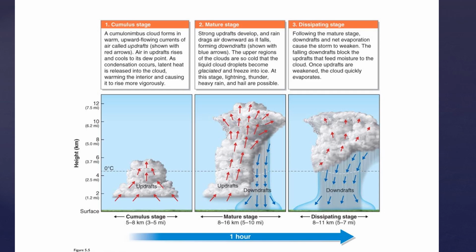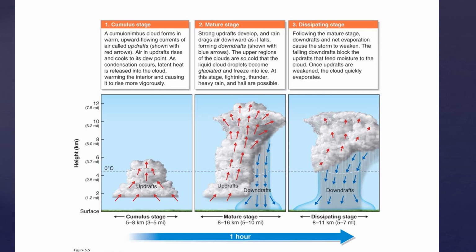In the second stage, the mature stage, those updrafts from the surface continue, and they continue to build up the cloud. They strengthen, eventually reach a peak. Meanwhile, as the vapor has formed into droplets and starts to rain out, it causes downdrafts where air is flowing from the cloud down towards the surface.